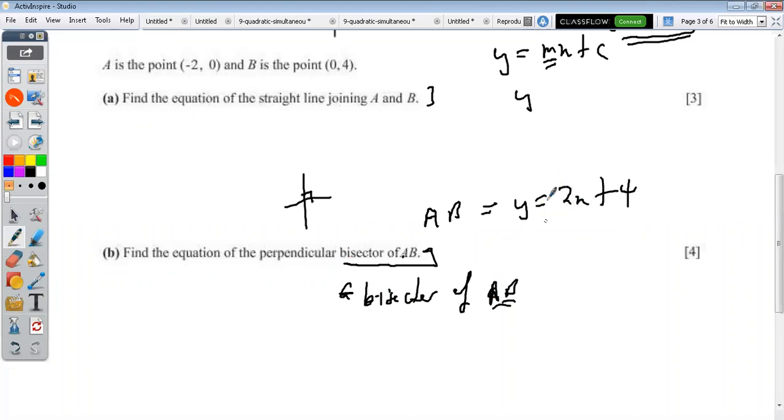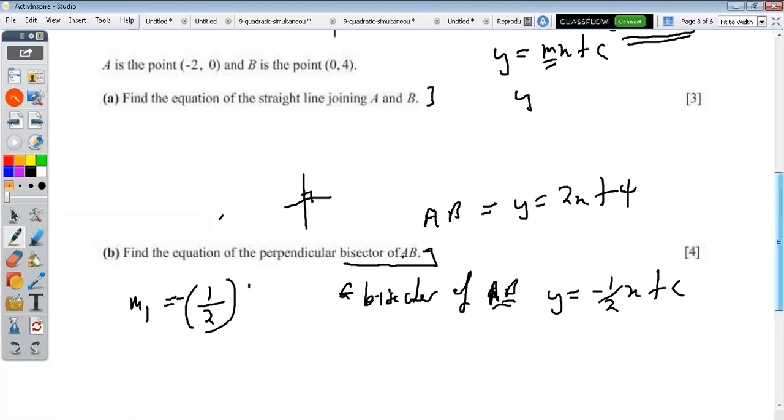The gradient of that, maybe M1, the reciprocal of this is half. Then you multiply that by -1. I said the negative reciprocal. So the equation that we want here is y is equal to minus half x plus c.